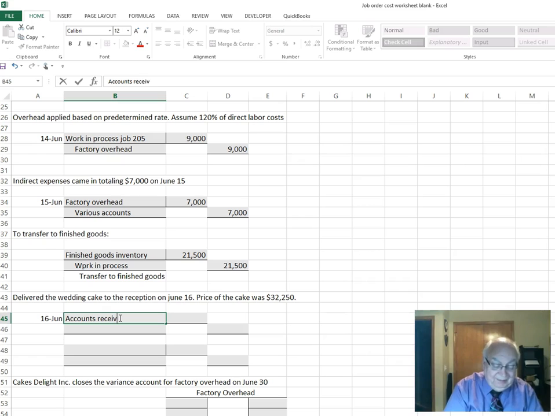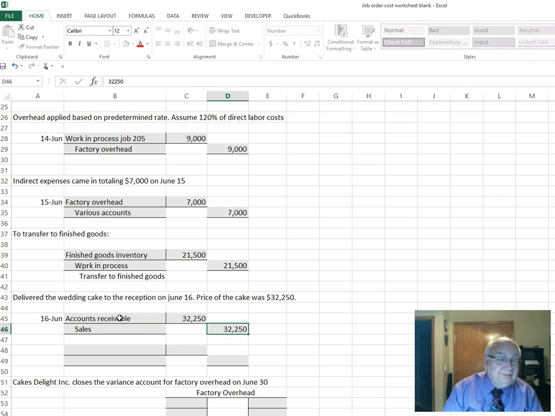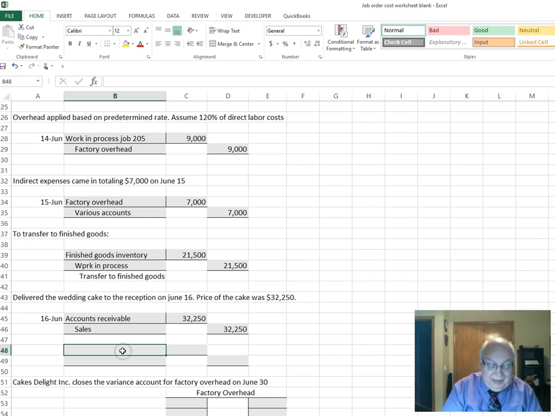And it was quite a cake. And that would be for the $32,250 because that's what our selling price was, and we would credit sales for $32,250. Then we would debit cost of goods sold.